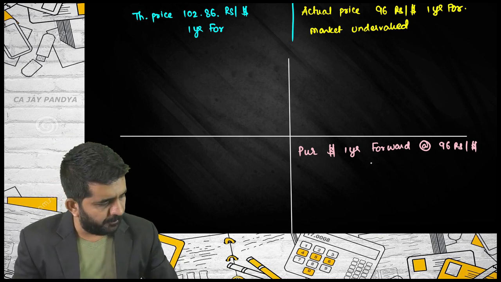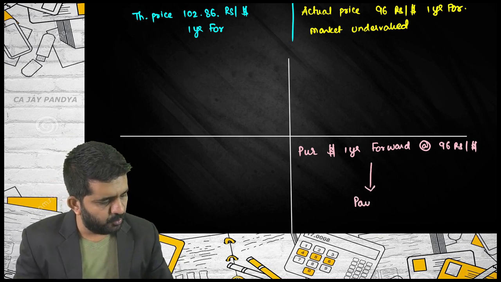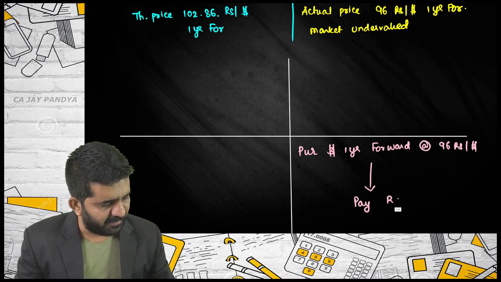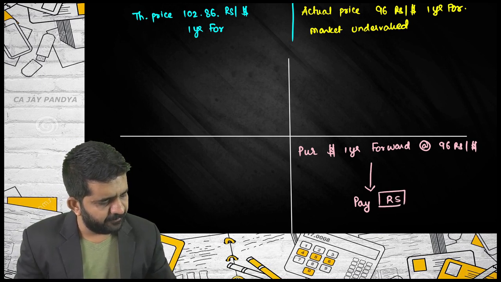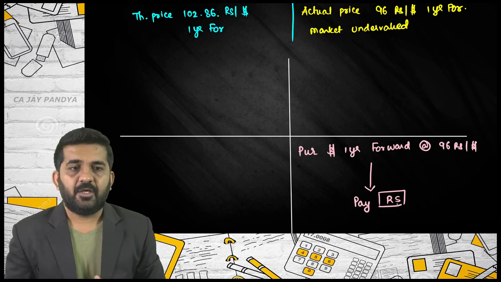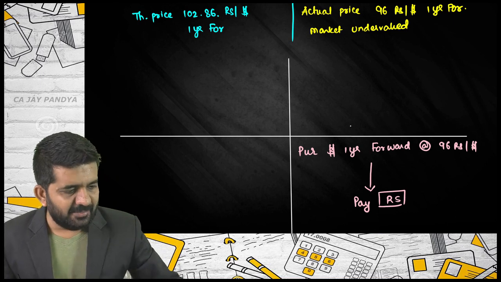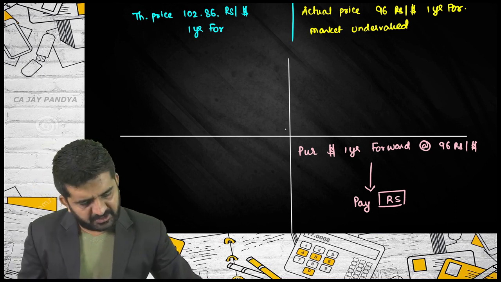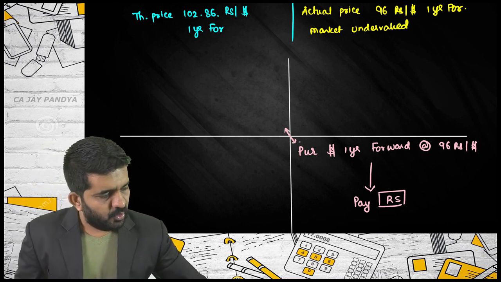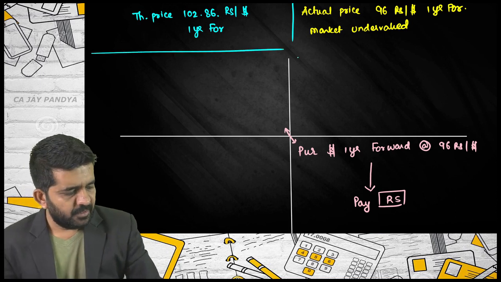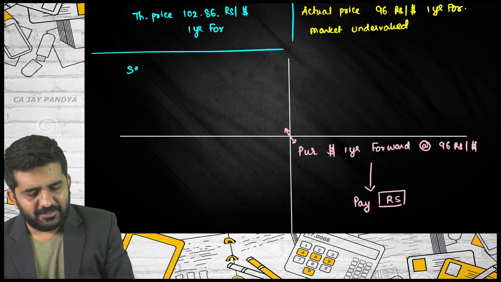Whenever you purchase dollar, you will have to pay rupees, because you are doing settlement by delivery. You will have to pay rupees. But what you will do with this purchased dollar? So I will be settling it over here, but try to understand, this should be understood. What will be the counter thing? Purchase, sell.